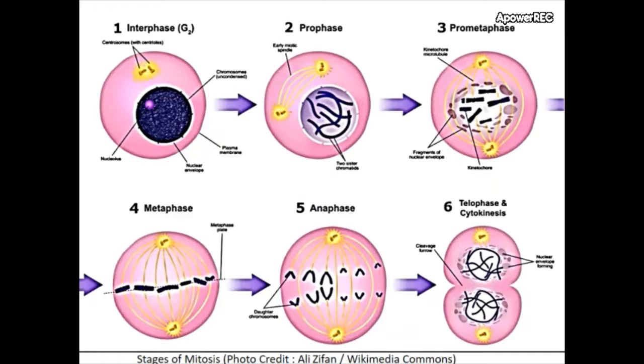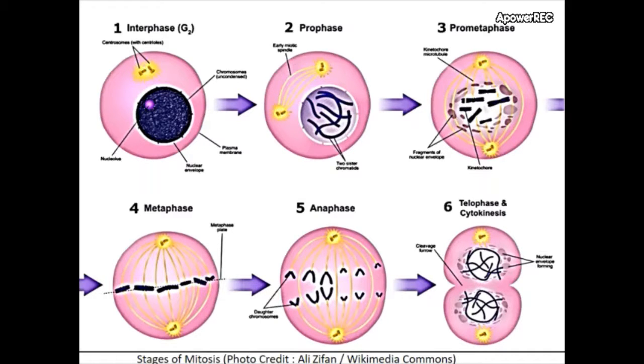There is a set of very well characterized steps that take place that lead to the replication of the nucleus and the partitioning of the proper chromosomes to each nucleus. Those steps are prophase, prometaphase, metaphase, anaphase, and telophase.